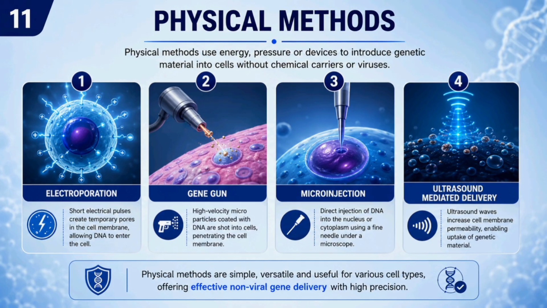Microinjection: using microscopic needles, DNA is injected directly into a single cell. This method is highly accurate but time consuming. And ultrasound-mediated delivery: ultrasound waves temporarily increase the cell membrane permeability, so the DNA enters more easily.